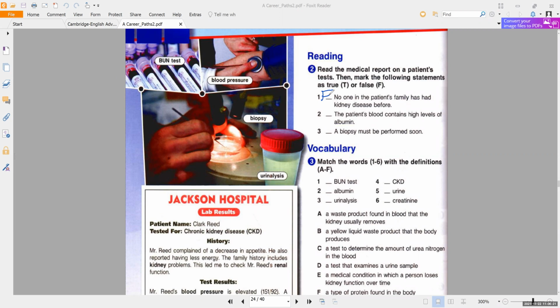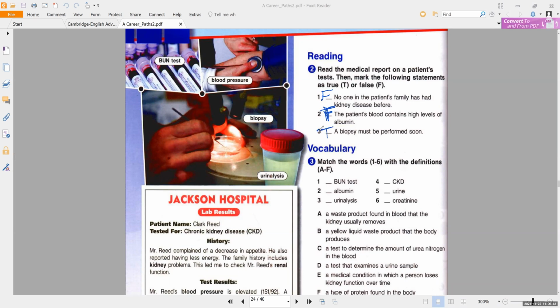Number 2, the patient's blood contains high levels of albumin. False, no. So this is false again. And finally, a biopsy must be performed soon. Yes, he recommended this test.